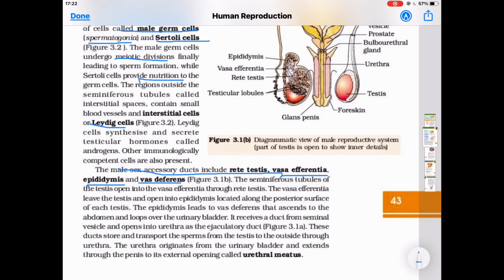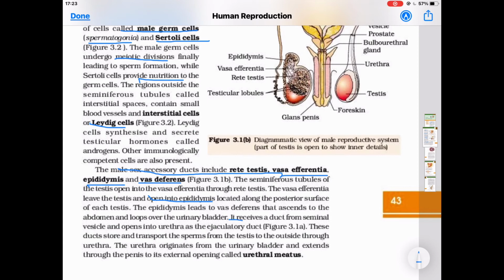The vasa efferentia leave the testis and open into epididymis, located along the posterior surface of each testis. The epididymis leads to vas deferens that ascends to the abdomen and loops over the urinary bladder. Ascends means goes upward.